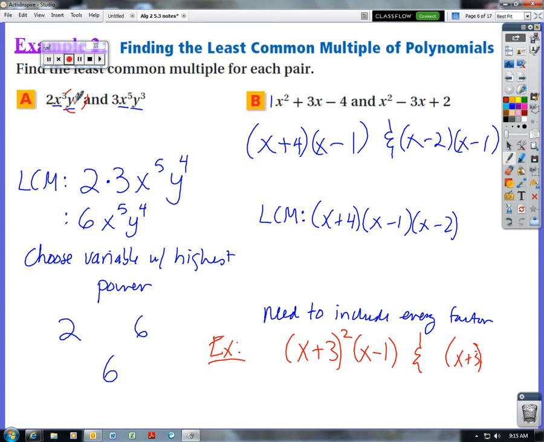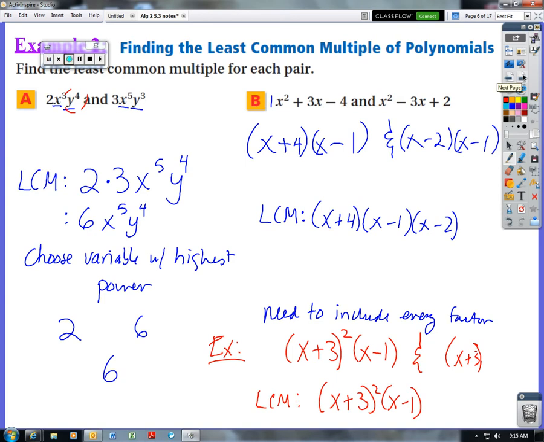You're going to do that here as well. You've got x plus 3 squared and x plus 3 to the 1, so you're going to choose the one with the highest power. And then we also need x minus 1 because every factor needs to be included. And this x plus 3 has already been dealt with. We've already considered it when we considered this one. So that's how you would do the least common multiple on something like that.